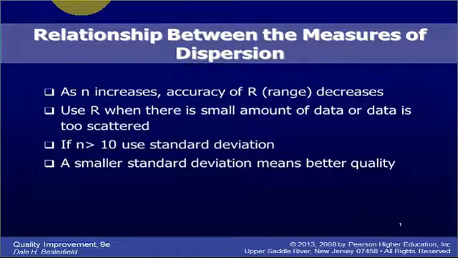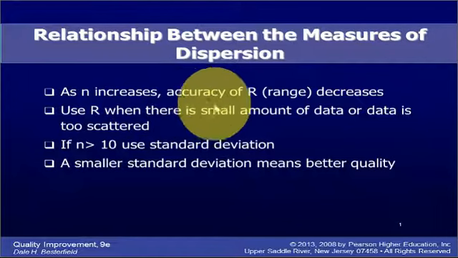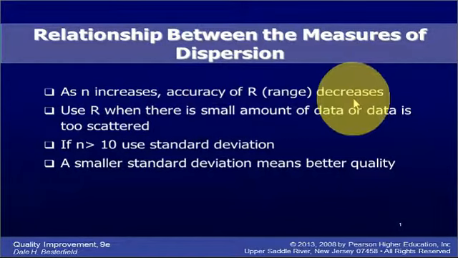After we have talked about the range and standard deviation, let's discuss the relationship between the measures of dispersion. The range is a dirty and quick method to measure the dispersion. As n increases, the accuracy of the range will decrease.